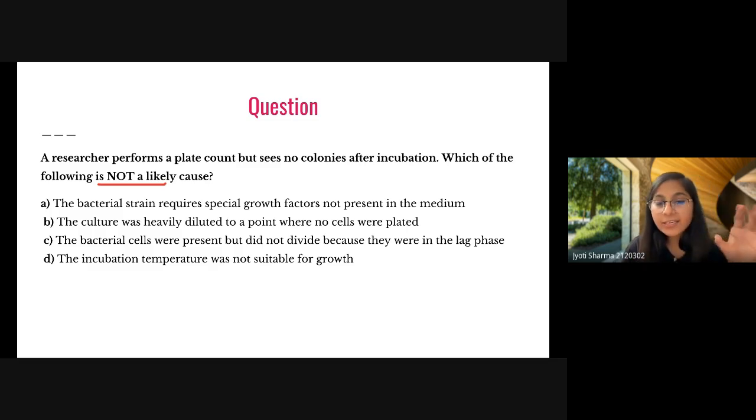If you are not seeing any colony, first see what can be the cause of it, and out of those absurd causes you will get the not a likely cause.